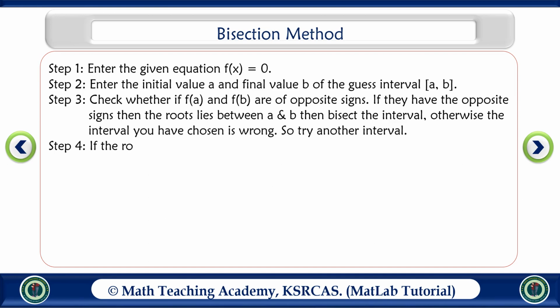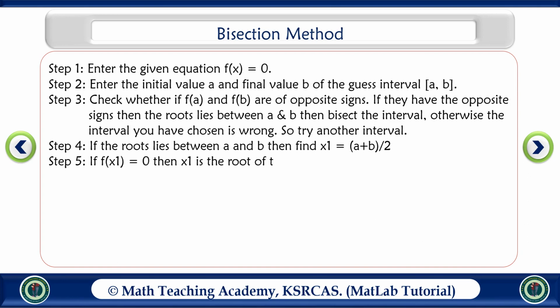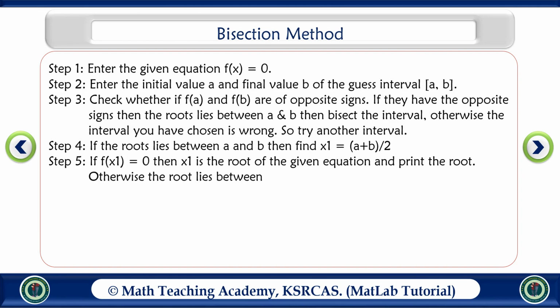So try another interval. And then step 4. If the root lies between a and b, then find x1 is equal to a plus b by 2. Step 5. If f of x1 is equal to 0, then x1 is the root of the given equation and print the root. Otherwise, the root lies between either a and x1 or b and x1. Step 6.